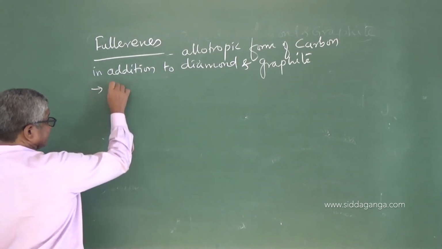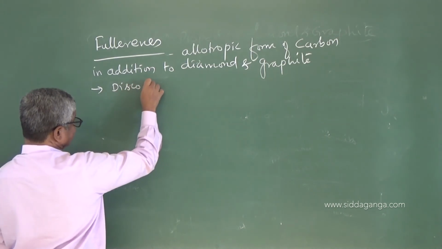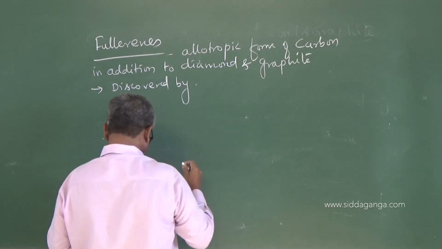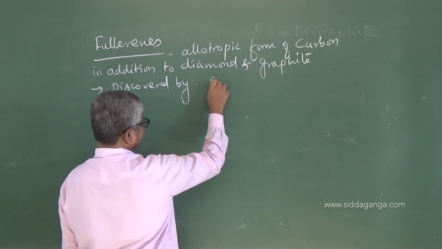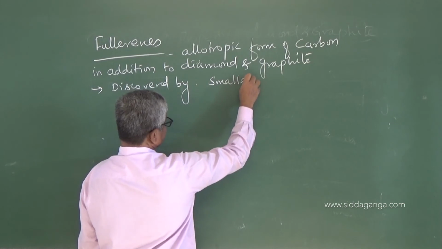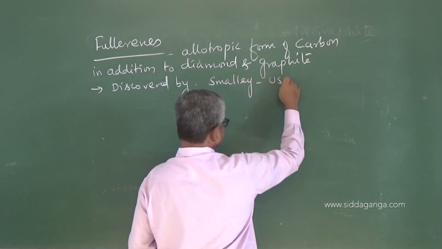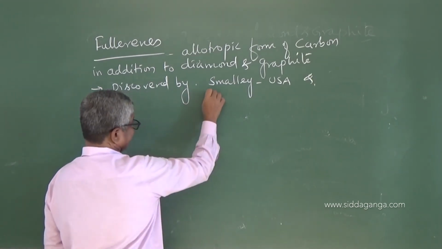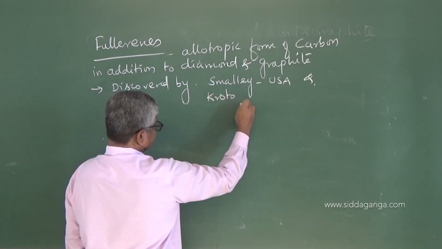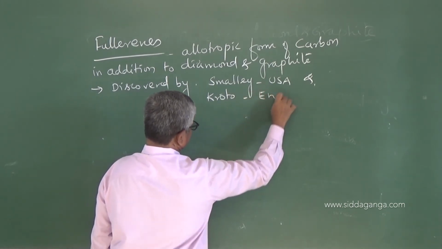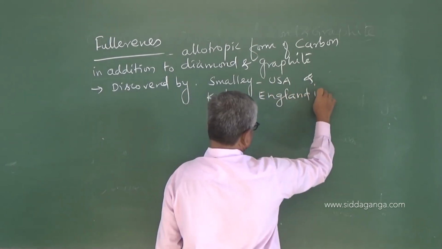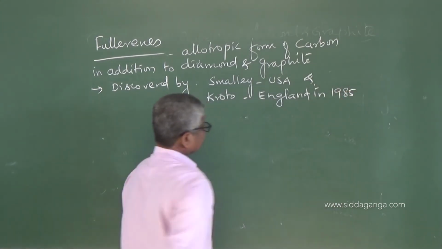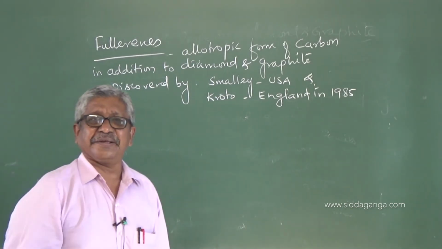This was discovered by Smalley of USA and Kroto of England in 1985. Why was this name given?